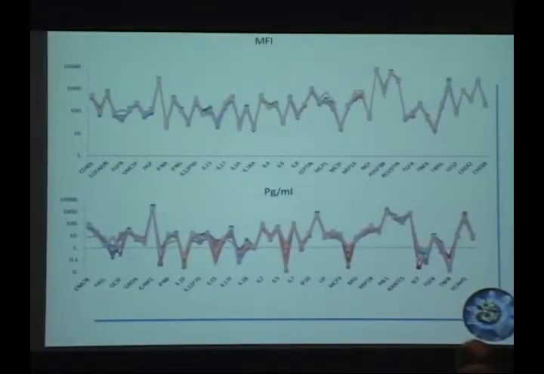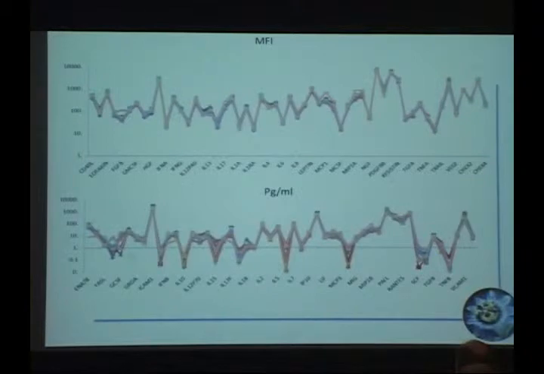So then, why do I say that we like the median fluorescence intensity? On the top part, you can see the reproducible MFI presentation of this control sample. This is in another study. When you convert it into picogram per mil, I don't know if you can see very well, but some cytokines become more spread apart.